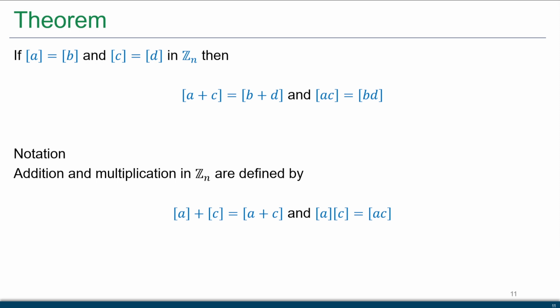And it works exactly the same way for multiplication. All we're doing here is taking the representative of each of these congruence classes and adding those representatives together. Since this is an important thing for us, let's go ahead and prove this one.